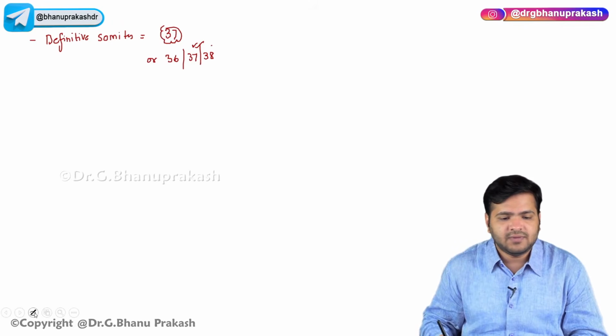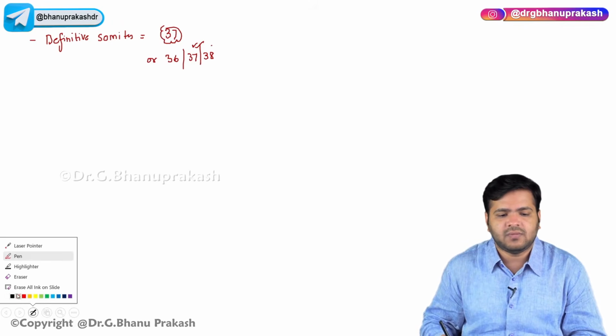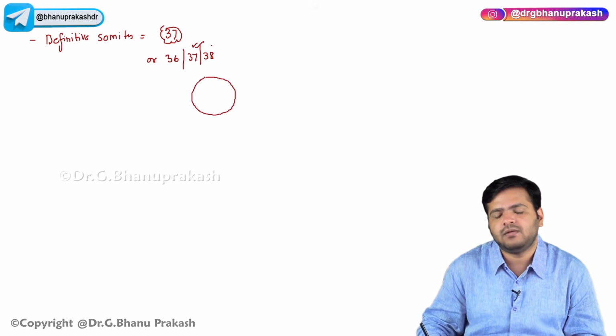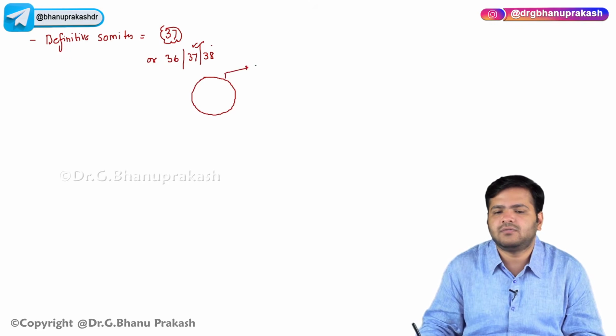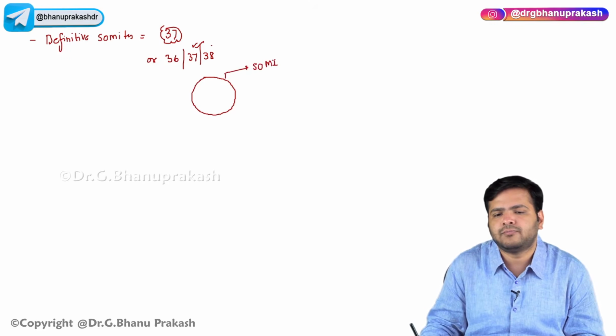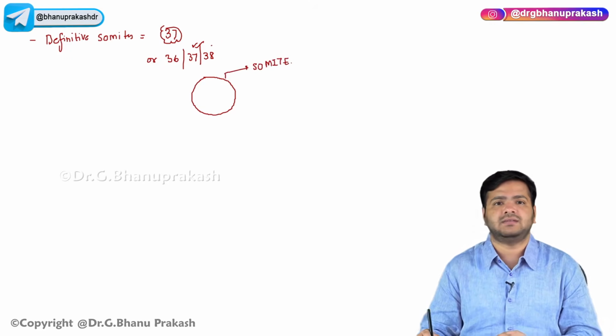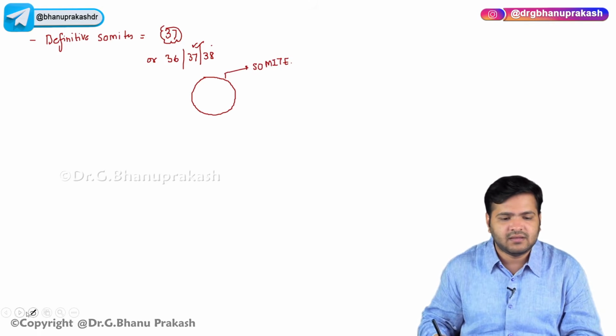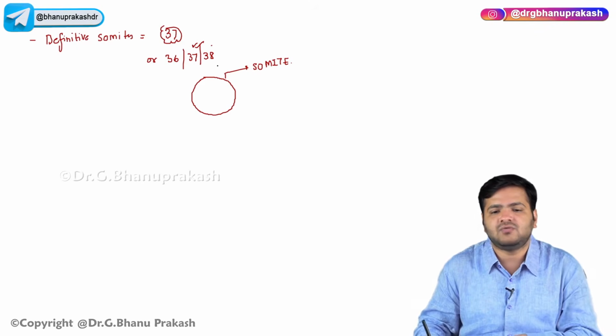Now let me just take one somite over here. You already know, let us suppose this is a somite, right? Now this somite is divided into two parts. Let us divide this into two parts.